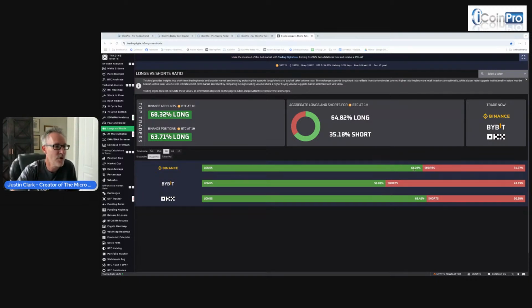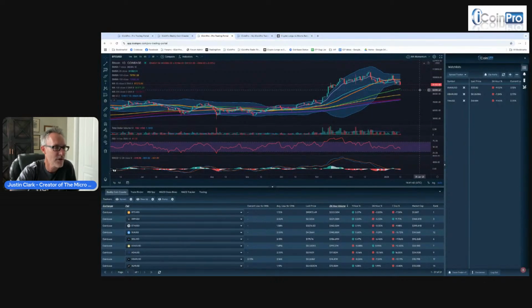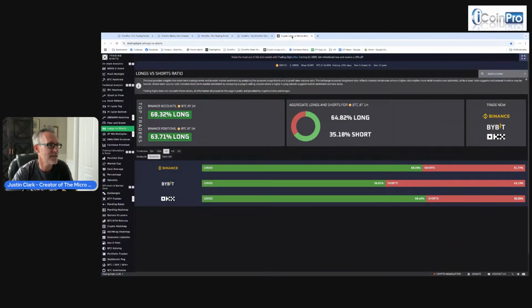If this goes over 70% and this price just keeps slipping lower and lower, we can set up for what's called a long squeeze, which means a more dramatic price drop. And we're pretty close. I mean, this is kind of sketchy territory here. So we're just going to have to see what happens from here, but really need to keep a close eye on this as it updates throughout the day.